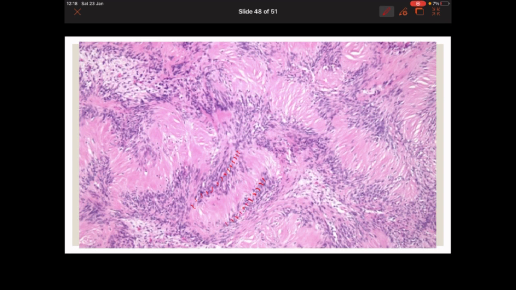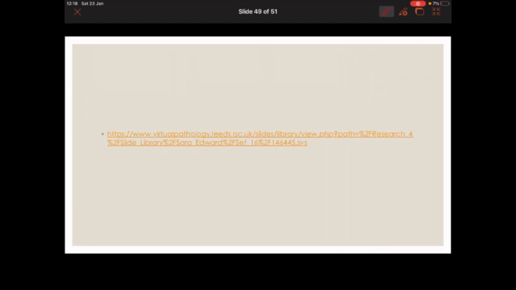Because the nuclei are arranged in parallel, they form an area of anucleated zone. This palisade area alternates with the anucleated zone, and we call this a Verocay body.